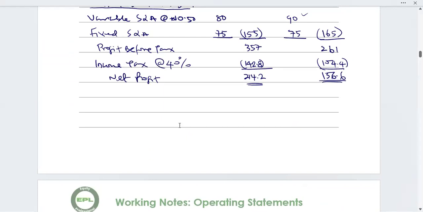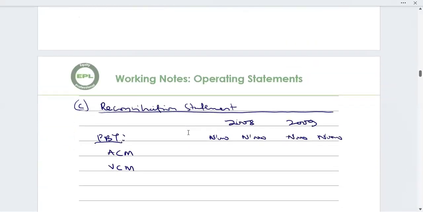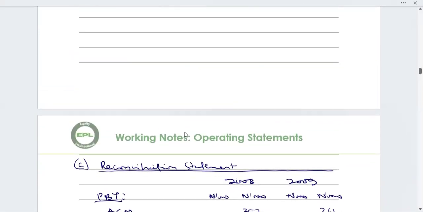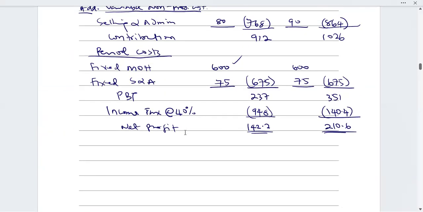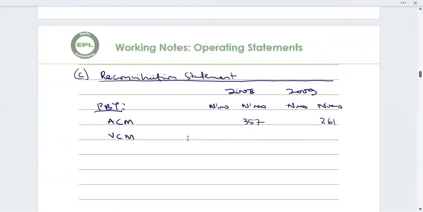Based on our calculation, in 2008, the profit before tax under the absorption costing method is 357. In 2009, it is 261. So 357, 261. Under the variable costing method, profit before tax in 2008 is 237, then 351. So let's find the difference.